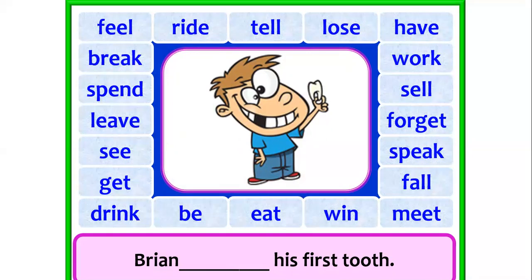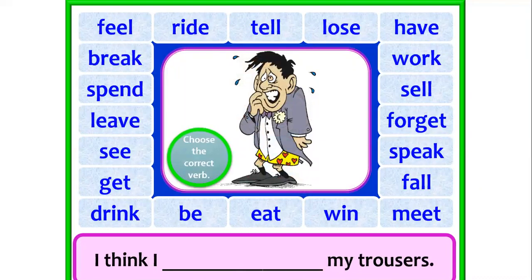So let's look at the second example. We have a man here who's wearing a suit, but it looks like he doesn't have his trousers. So he is speaking to himself and saying, I think my trousers. Which verb?